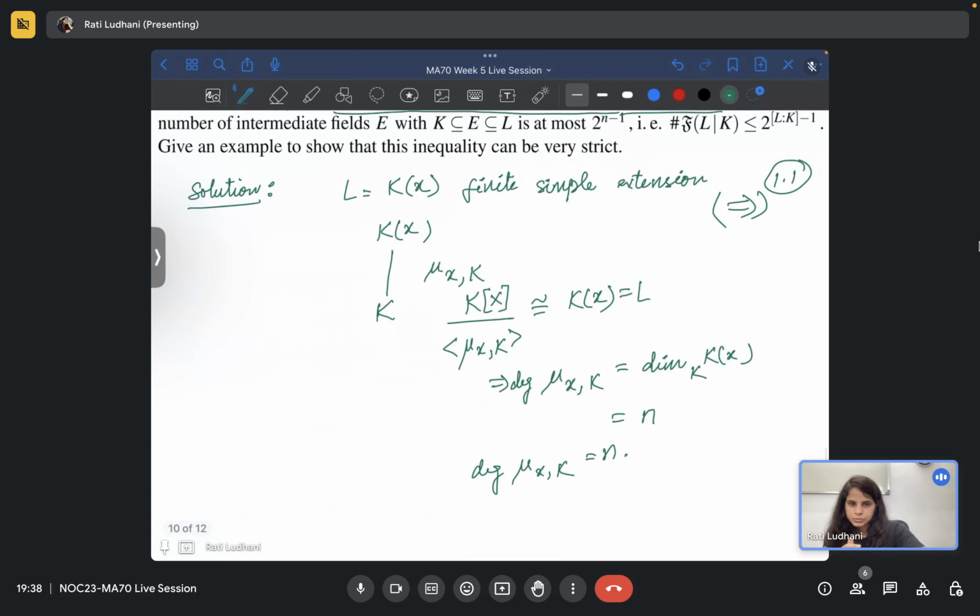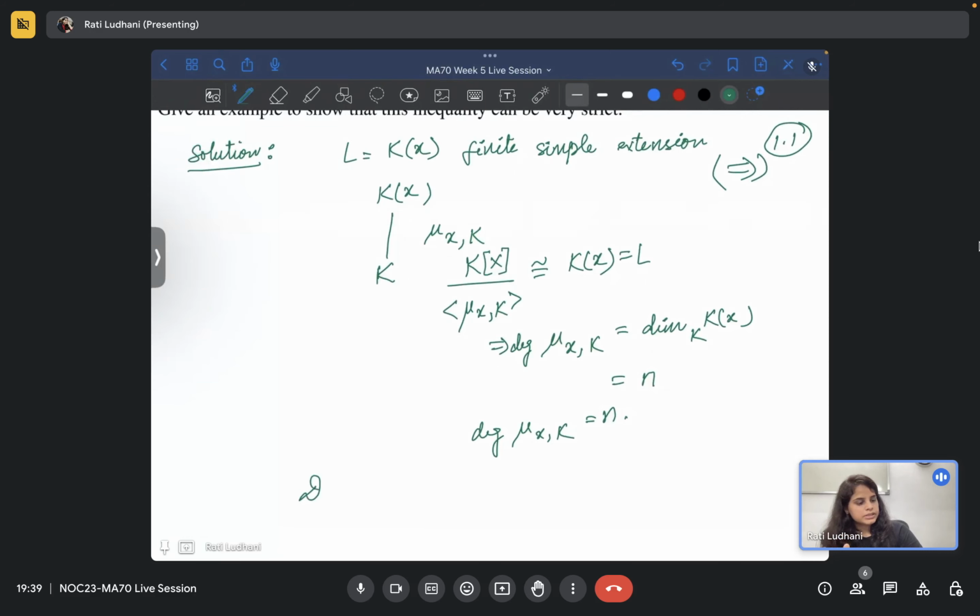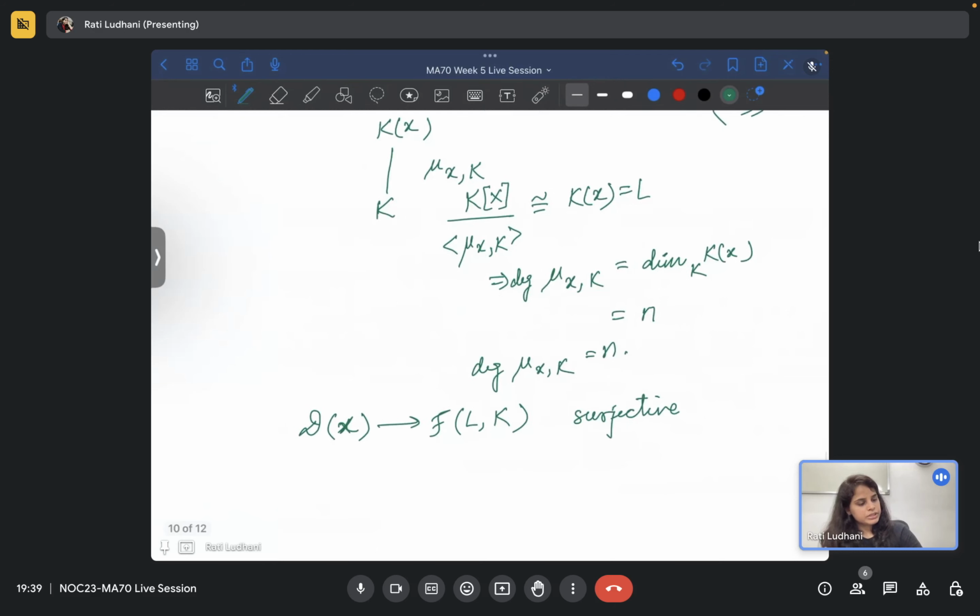We have just proved that this map from the set of intermediate fields of L over K to D_x is surjective. So how many intermediate fields can it have? The cardinality of the set of intermediate fields should be less than or equal to this.